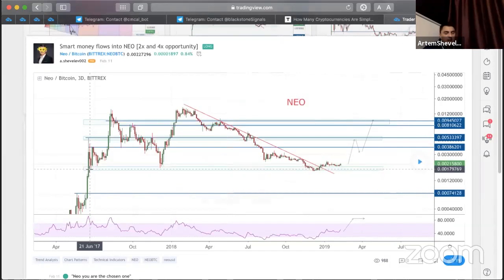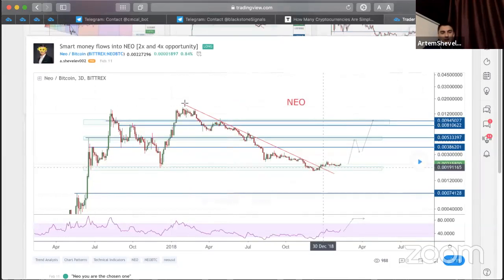This is a great diamond area for NEO. And I'm heading for a double X or 4X as a possibility here because the market is bullish. And we're reversing from a downtrend.